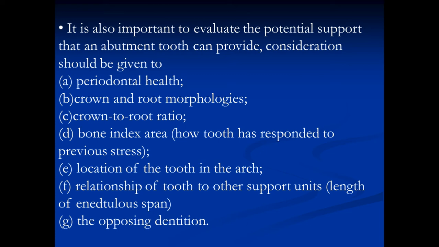So the periodontal health and the crown root ratios, then morphologies have to be considered, the type of support around the tooth, the location of the tooth, the occlusal relationships of the opposing teeth, whether the principal abutment teeth have any opposing teeth or not. Then anatomies.